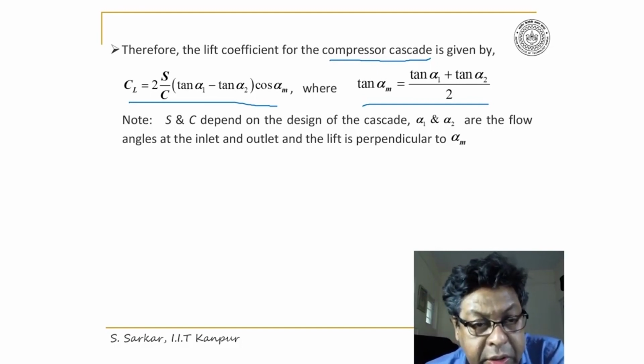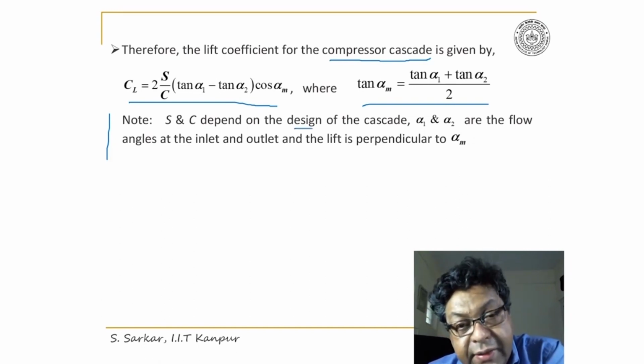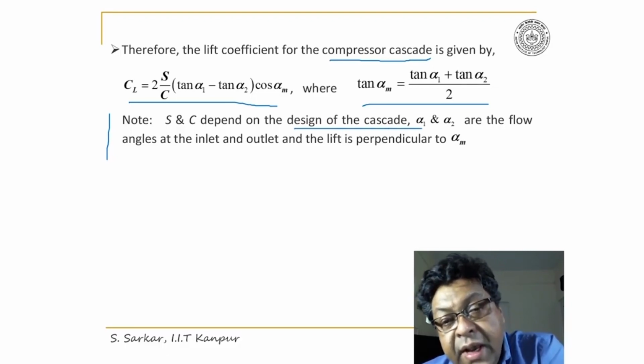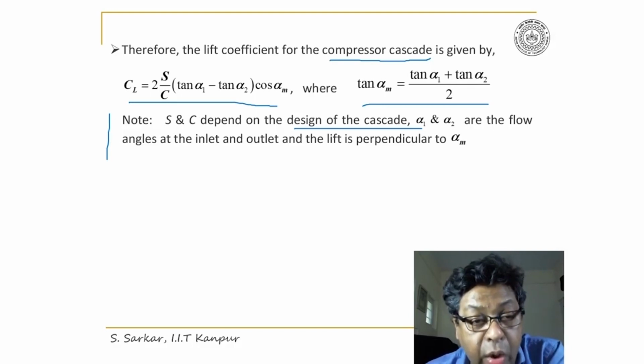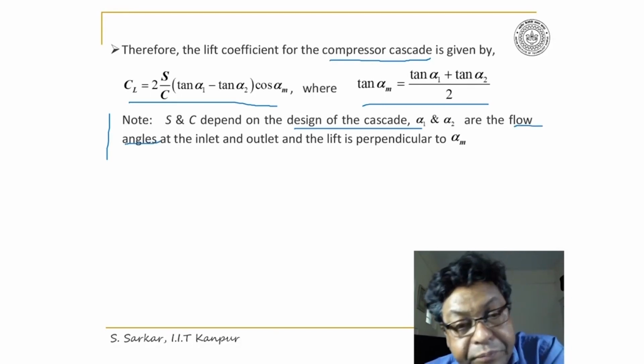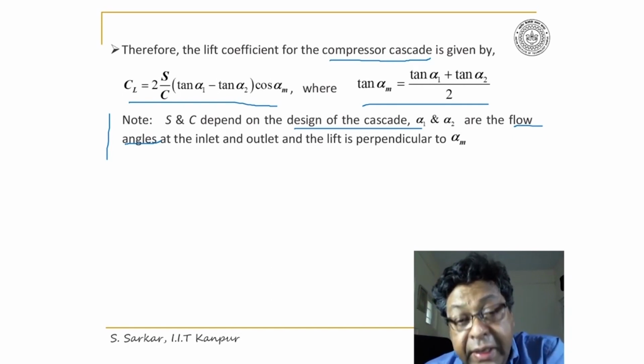Note that S by C depends on the design of the cascade, right? Alpha 1 and alpha 2 depend on the flow angle at inlet and exit, right? And lift would be perpendicular to alpha m.